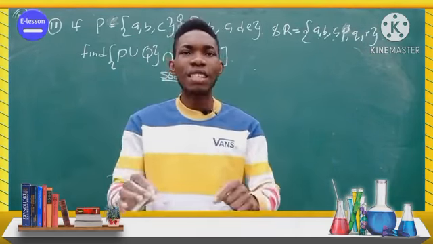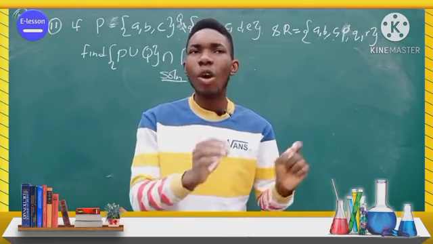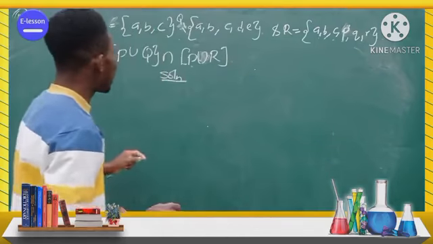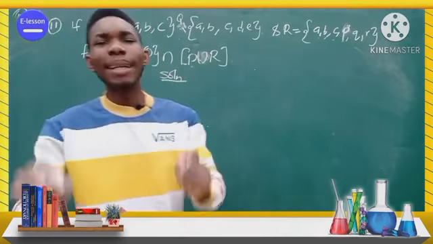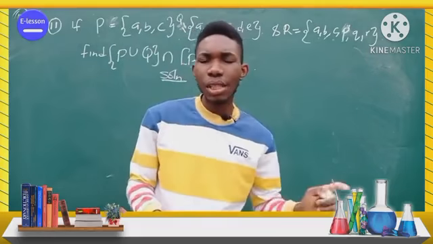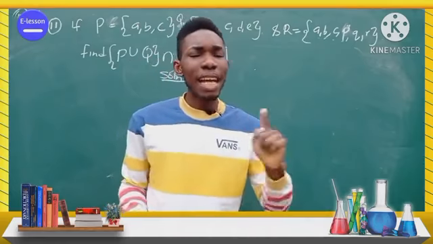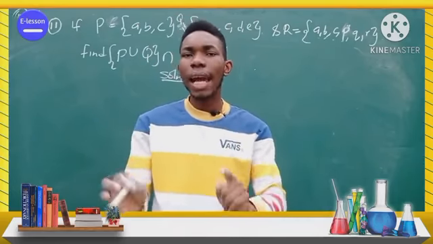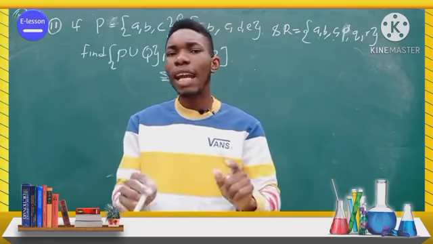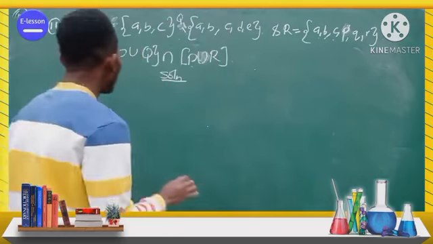So a set is a collection of well-defined objects. So in this case, P union Q means all the elements in P and all the elements in Q written out without repetition. That's the meaning of P union Q.